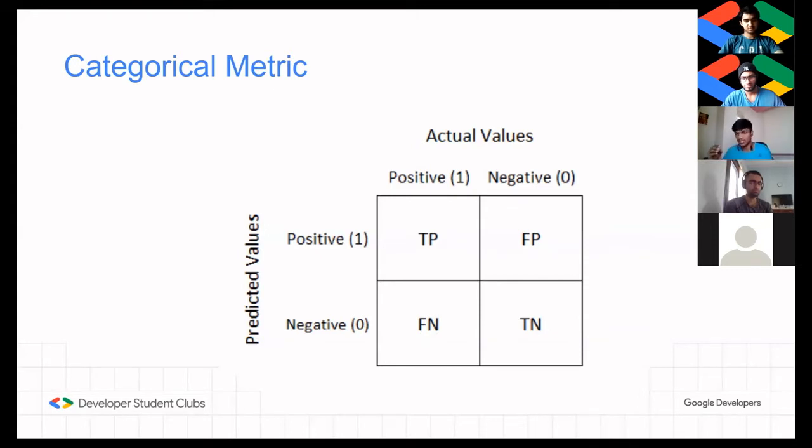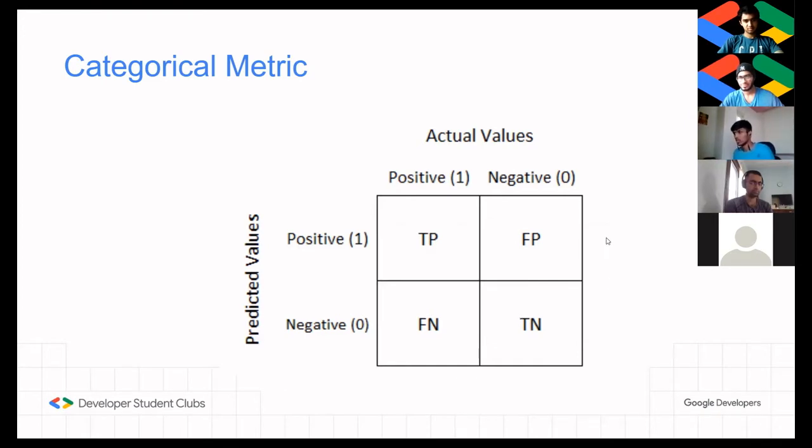But what happens when the actual value is negative, but the model predicts it as positive? For example, the model predicts admitted, and the actual value is not admitted. Then it's known as false positive. And when the actual value is positive and the predicted value is negative, it's known as false negative. And when both the actual value and the predicted value are negative, it's known as true negative.